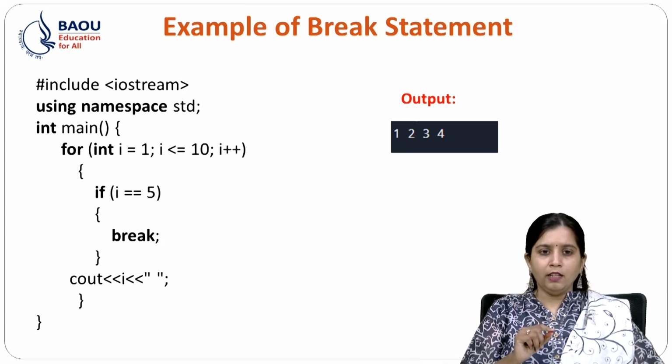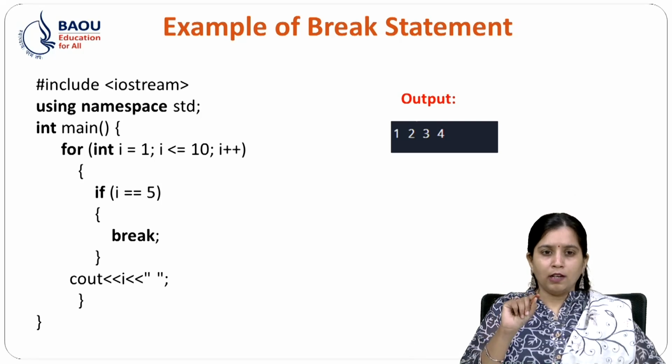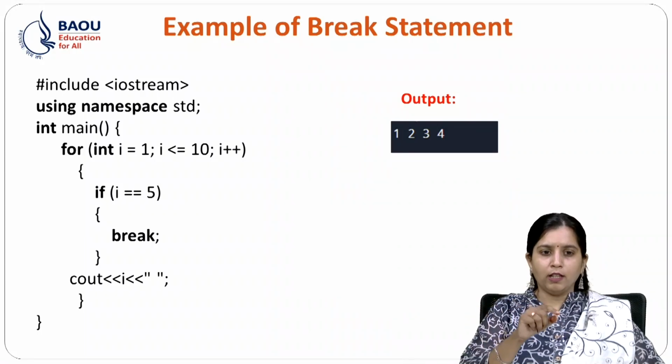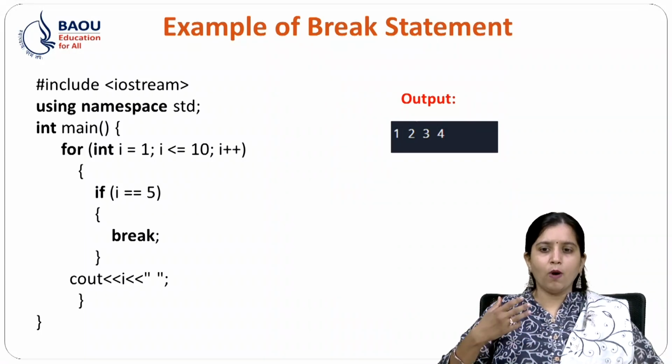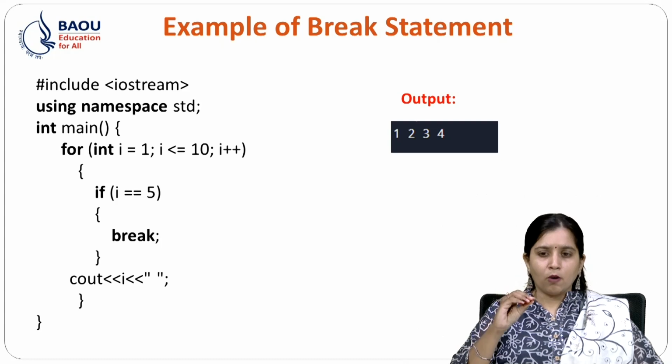After that, i++. Now is 2 less than or equal to 10? Yes. Then is 2 equal to 5? No, then cout 2. Likewise this program will continue, and when 5 comes, the break statement is used and we will come out of the loop.